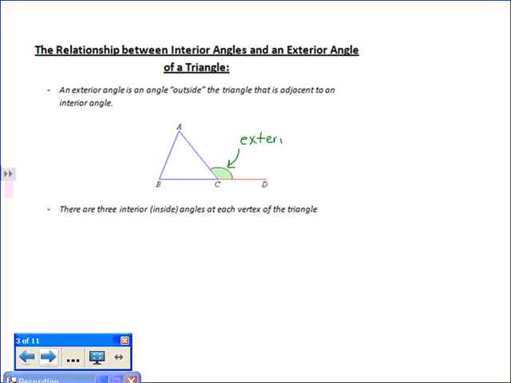It's not in the triangle, so that's why it's referred to as exterior. Any of the angles of the triangle are called interior angles. So A, B, and C here are all interior angles, meaning that they're inside the triangle.